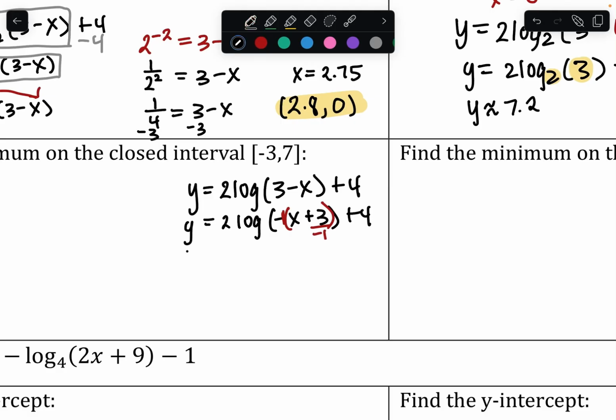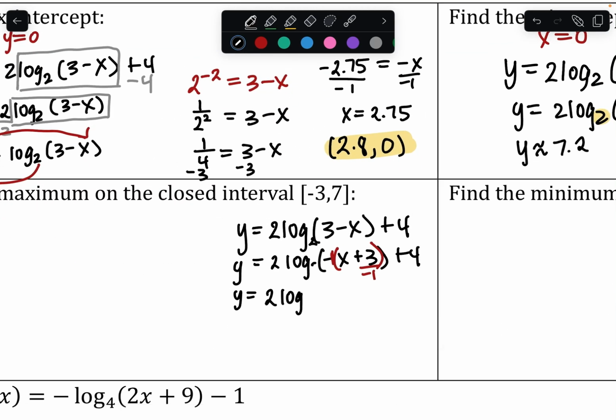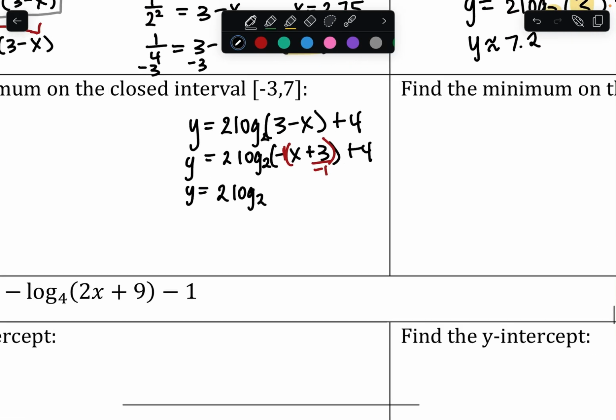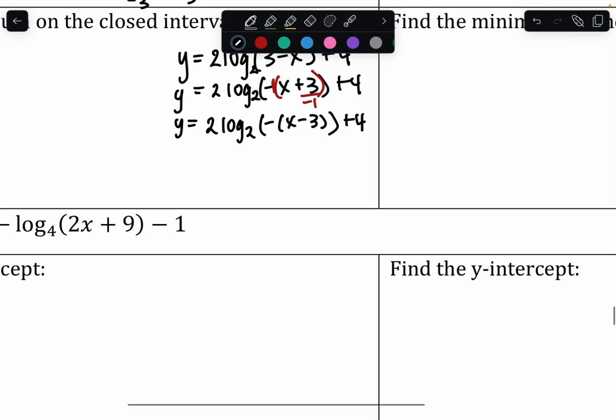So this would read 2 log base 2, sorry, I always forget to write the base, 2 log base 2 of (negative x, and then 3 divided by -1 is -3). Okay, and so now I can see this function has been moved right 3.